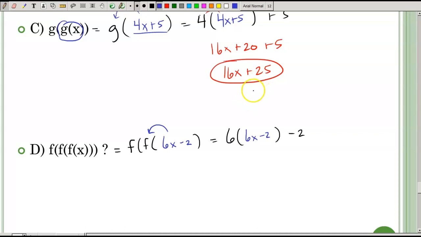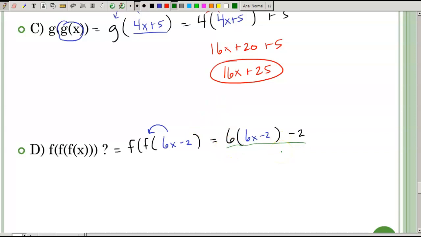Now, you could finish this by just saying, all right, well, I'm going to take all of this and I'm going to plug it into f again. And I'm going to say this is 6x minus 2. And then that's actually what it is, f of f of f of x. But I'm going to make it a little easier on myself by first figuring out what this part is, right?